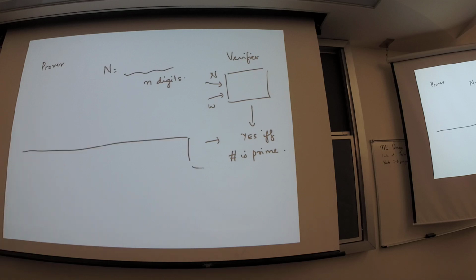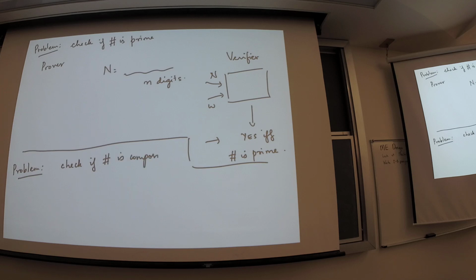On the other hand, if your problem was to check if a number is composite, then the witness could be the two factors. Exactly.